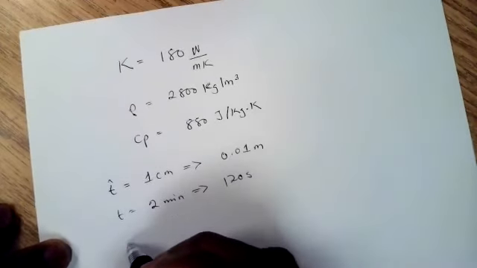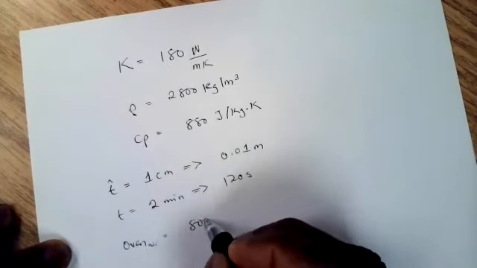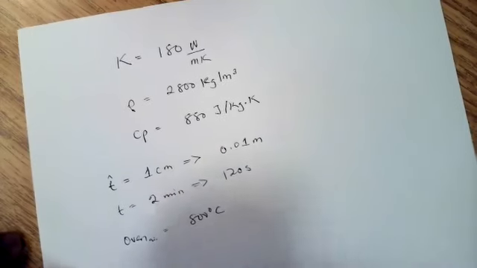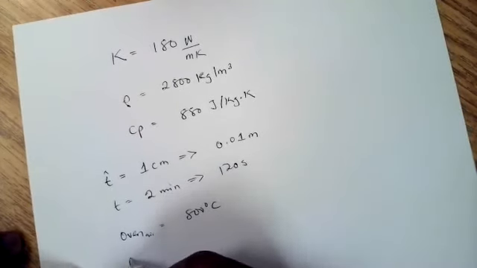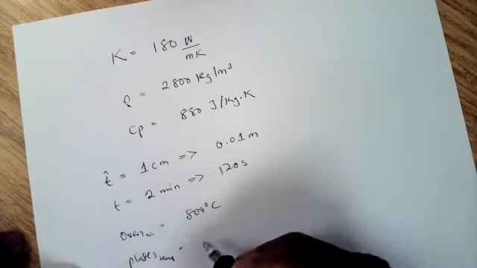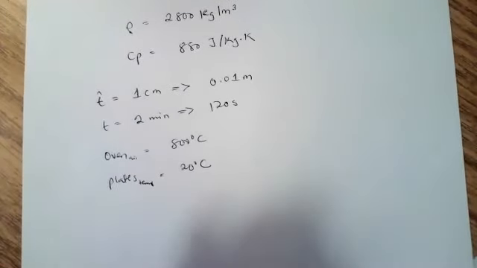So air in the oven is 800 degrees Celsius. If the initial temperature of the plates is 20 degrees, plates temperature is equal to 20 degrees Celsius. Determine the temperature of the plates when they are removed from the oven.